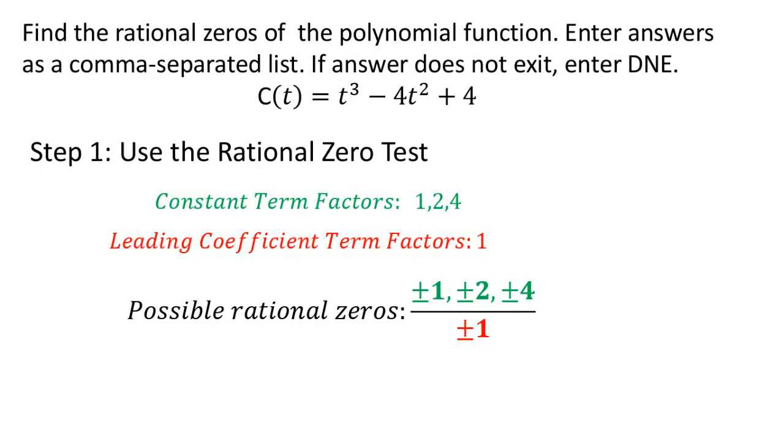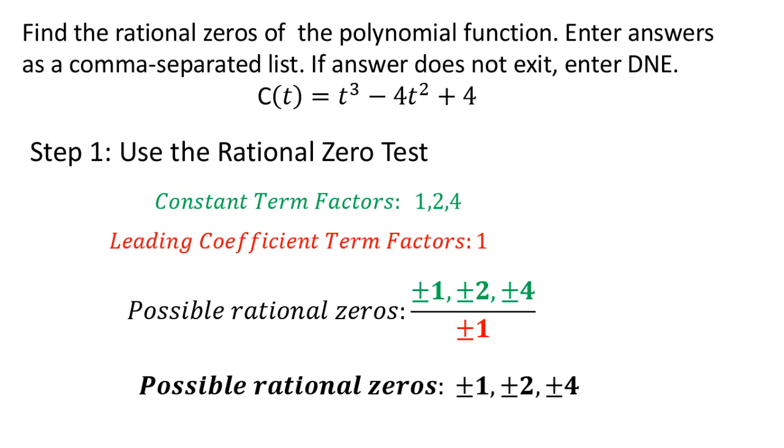So if we divide, 1 divided by 1 is 1. 2 divided by 1 is 2. 4 divided by 1 is 4. So these are our possible rational zeros. Any questions on the first step? Okay. So we have 6 factors.